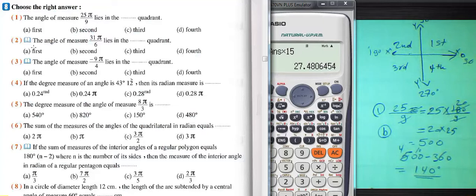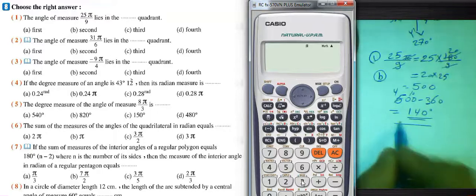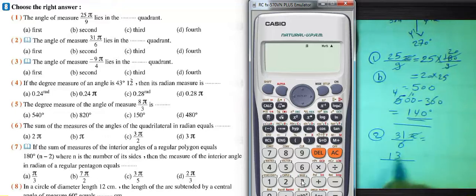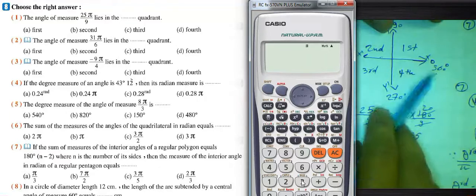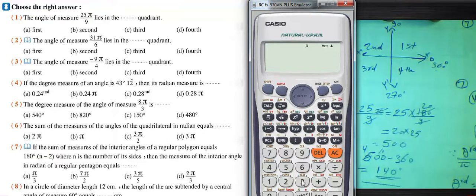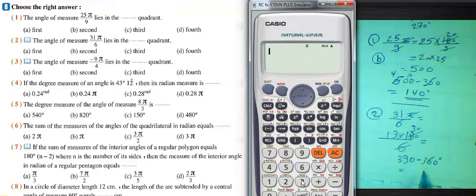Question number 2. The angle of measure 31 pi over 6 lies on which quadrant? Replace pi with 180, so 31 times 180 over 6. 180 over 6 equals 30, and 31 times 30 gives 930. Since it's more than 360, we find the angle by subtracting multiples of 360.